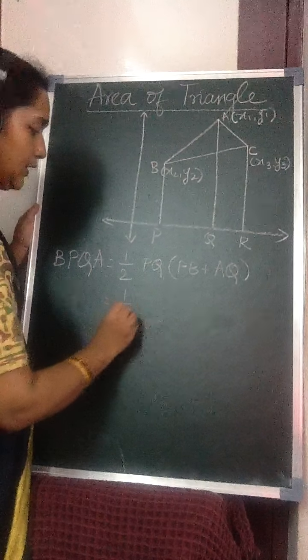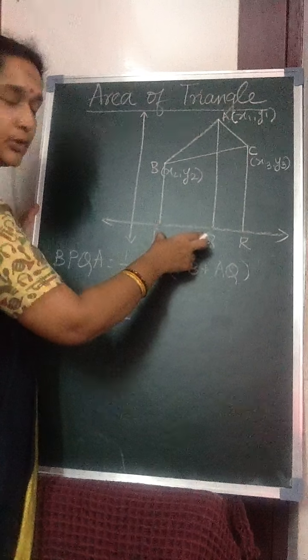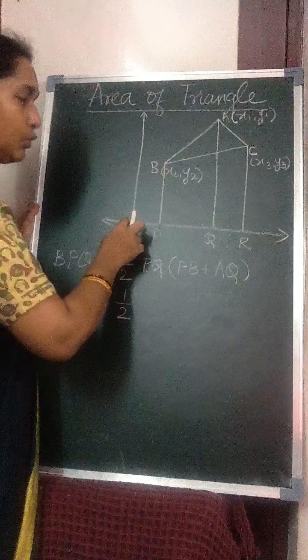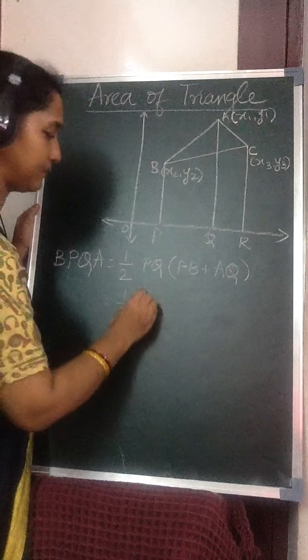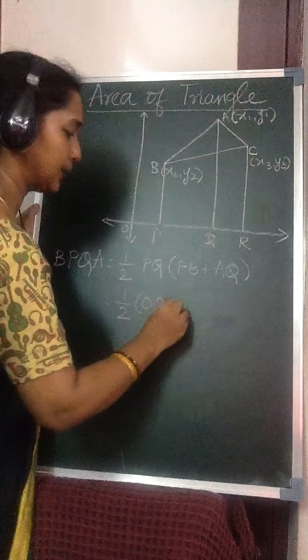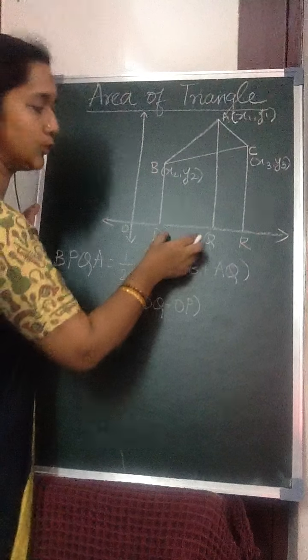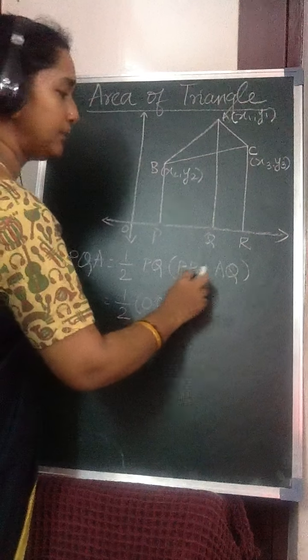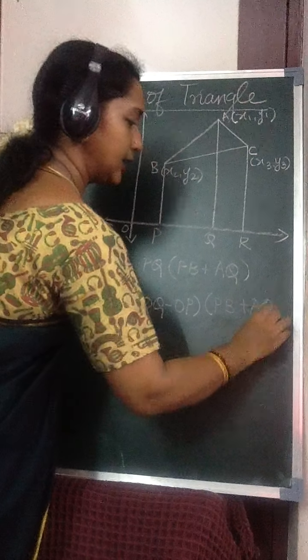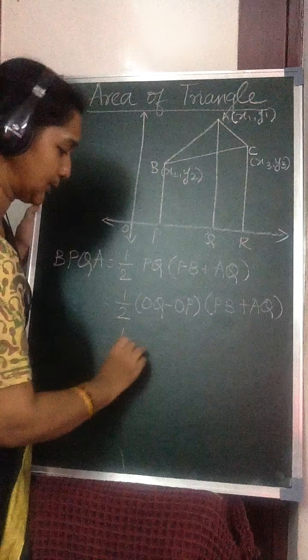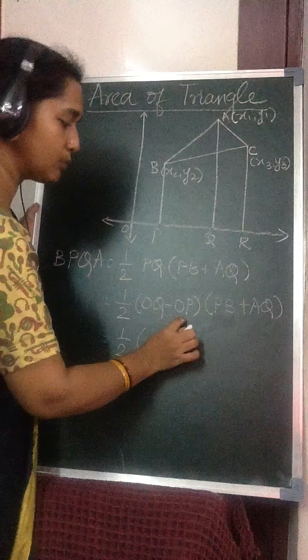Now half into PQ. So how will you find the length of PQ? OQ minus OP. You will get the length of this. Then PB plus AQ, write it as it is. So half into OQ minus OP.